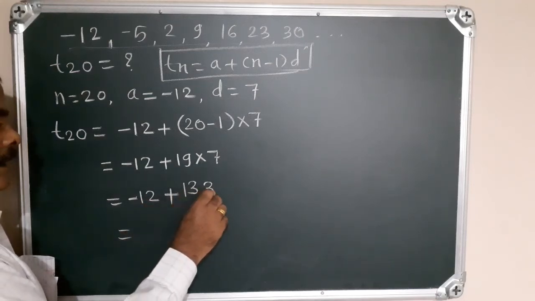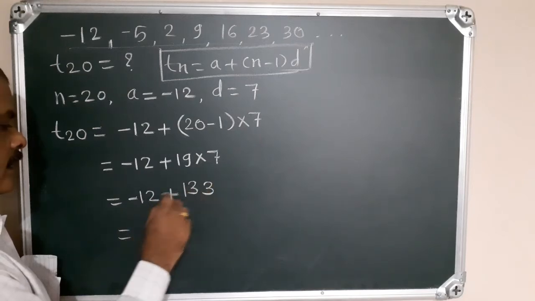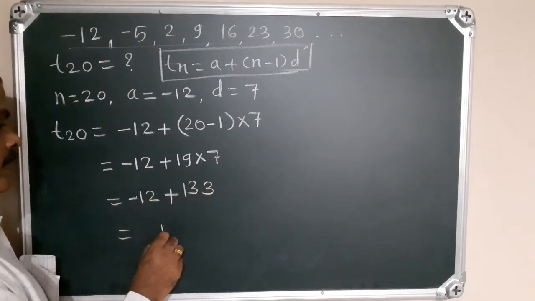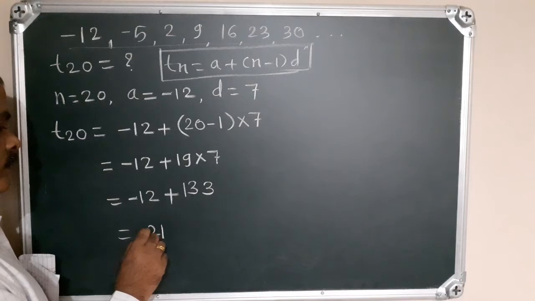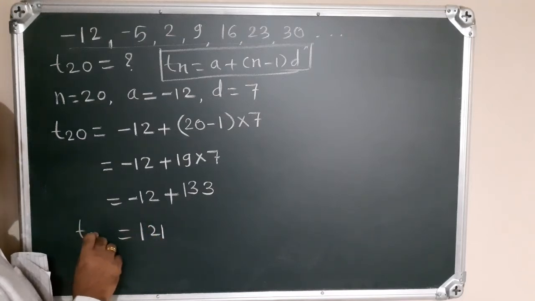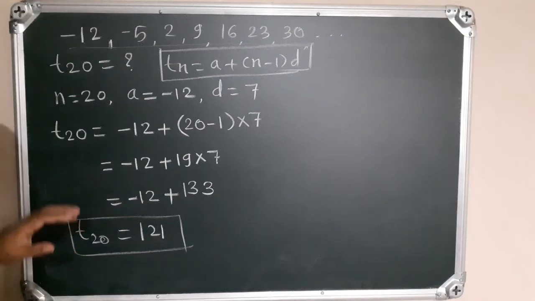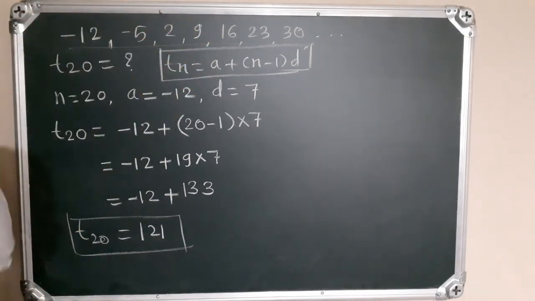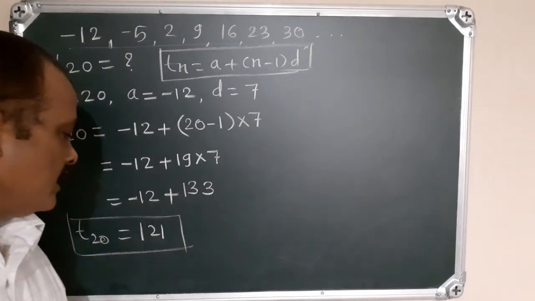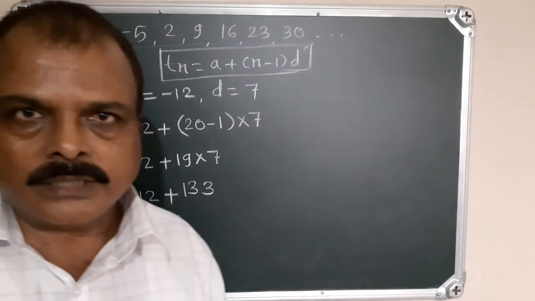So 133 minus 12, that is 3 minus 2, that is 1, 3 minus 1, 2. So T20 is equal to 121. So the 20th term of this arithmetic progression is 121. So this is the answer.